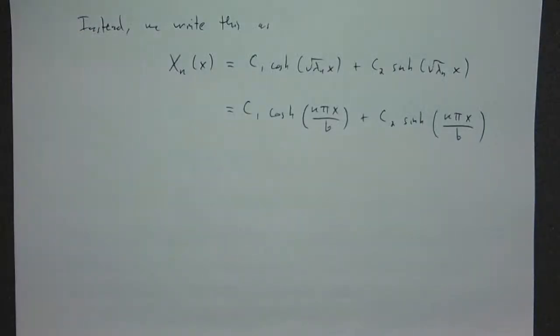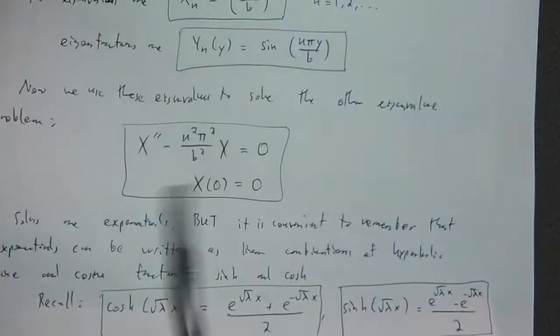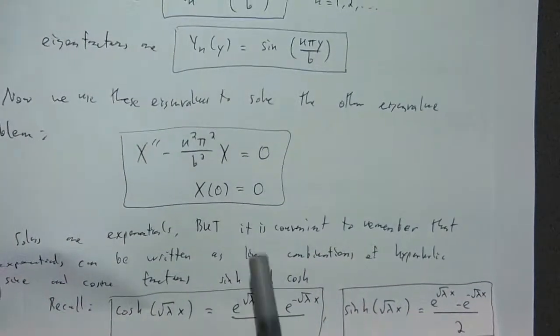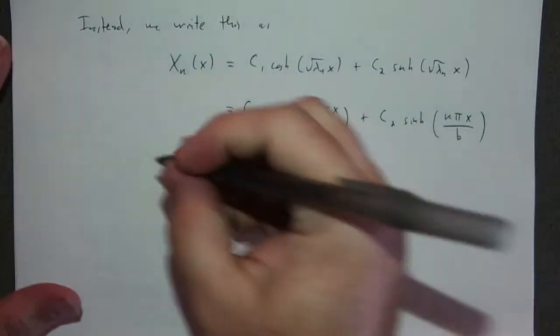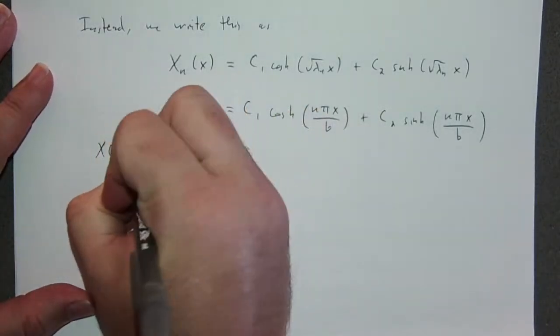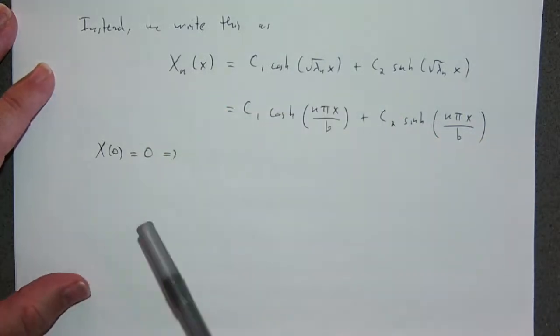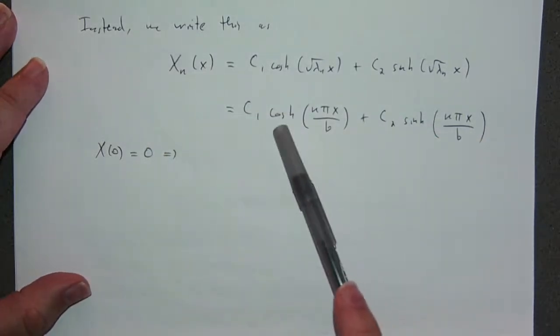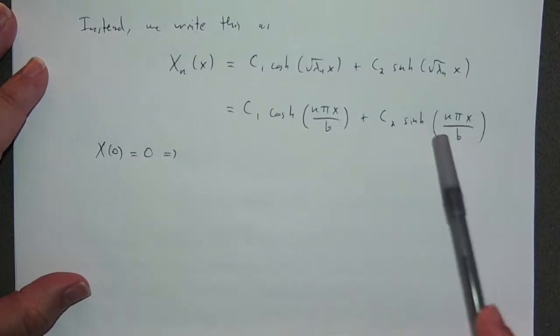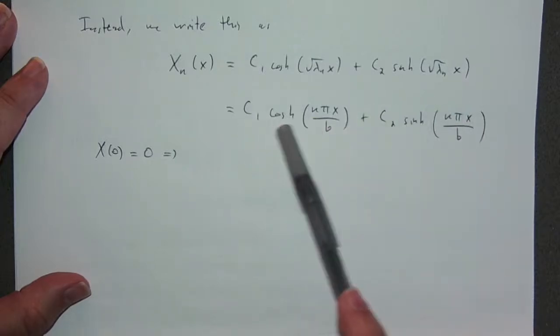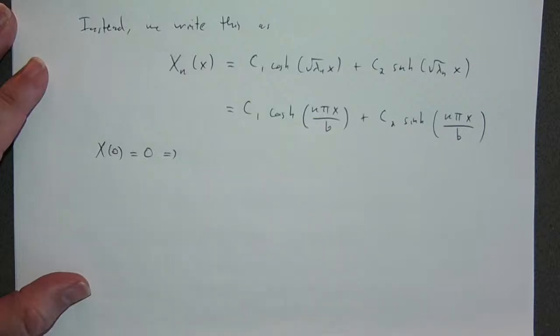Recalling that this is the general solution to this eigenvalue problem, x of 0 equals 0 implies what? Well, if I plug in 0 here, cosh of 0 is 1, sinh of 0 is 0, so this term goes away. And I have c1 times 1, so c1 has to be 0 here.